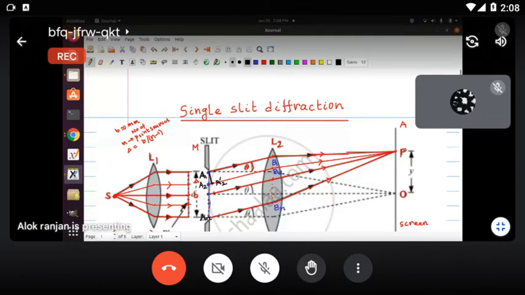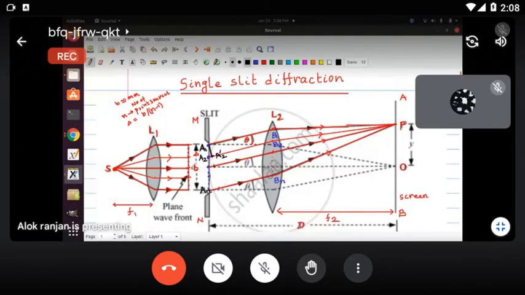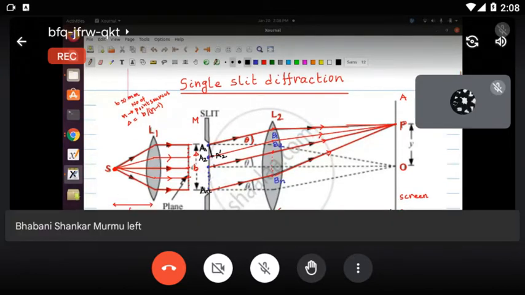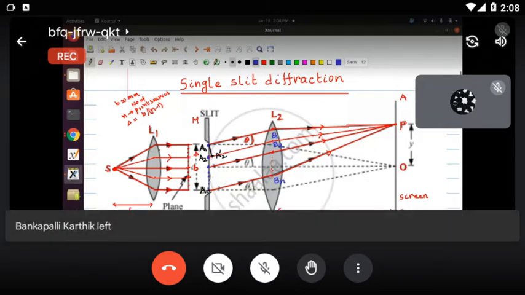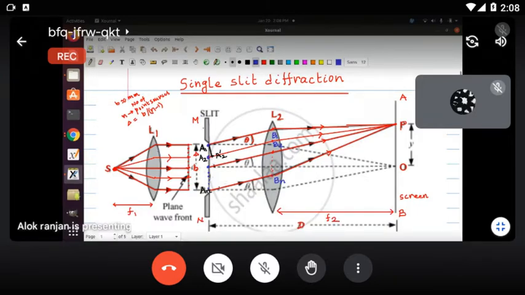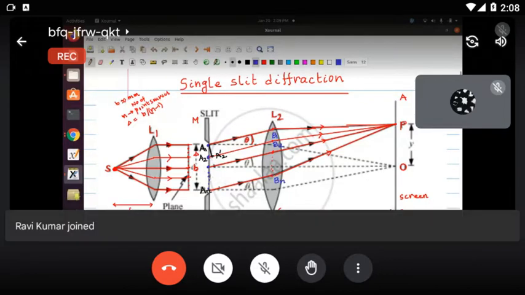So like Newton's ring experiment, this is also an experiment, and here we have the experimental setup. We have a point source, namely S, and then the lens L1, and then we have a slit. Slit means basically we have an obstacle with a very narrow hole, okay.